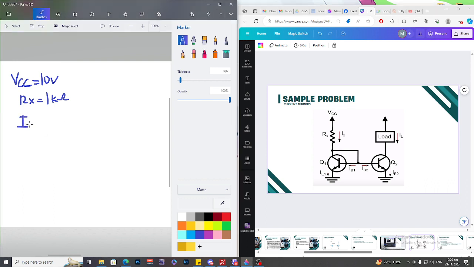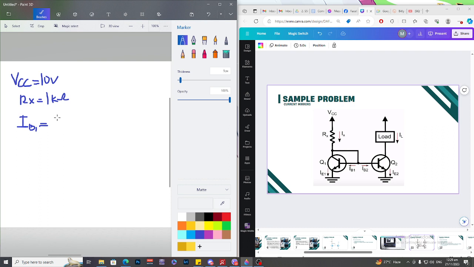We're going to take first the IB1, but we can also take IB2. It's the same because they are just mirrored with one another. For this example, we're going to use the term IB1, but nevertheless, they are both the base currents.